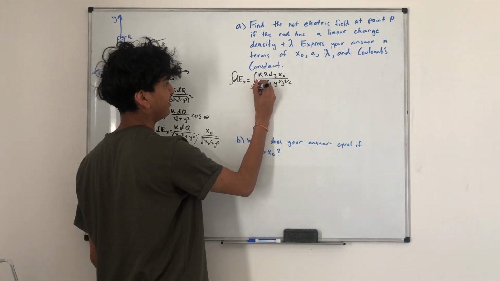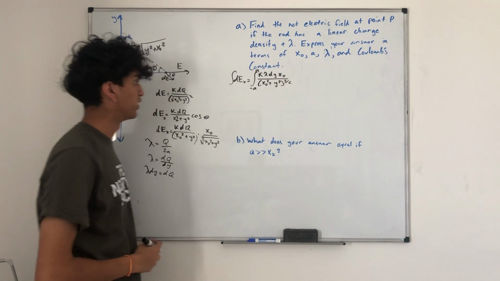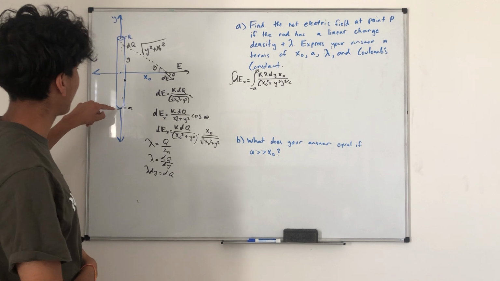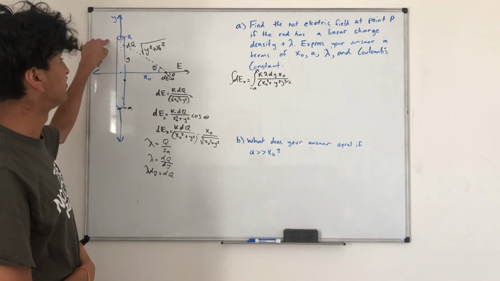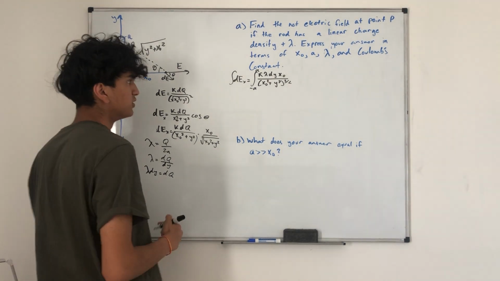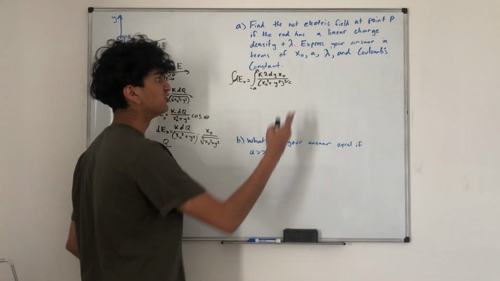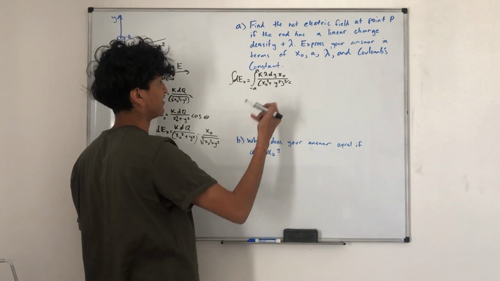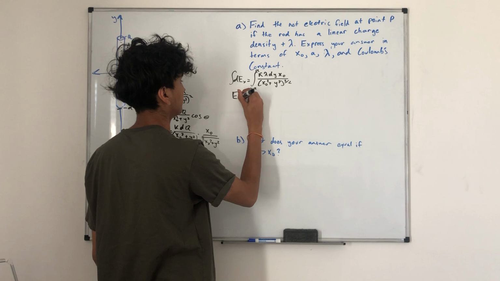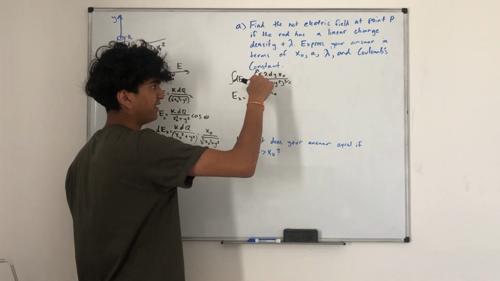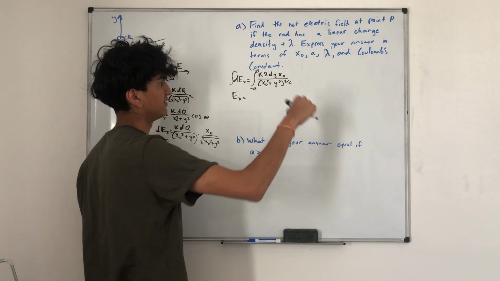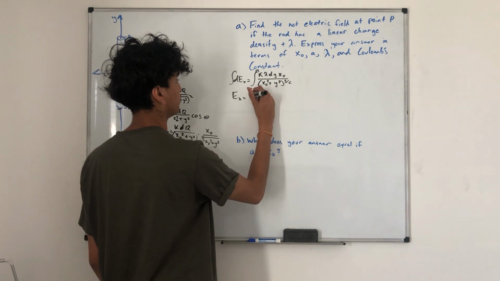We're going from negative a to a. So we're integrating starting here, and then adding up all the way till we get to a. Now we just evaluate this integral, which you could tell is not going to be fun. But what can we get out of the integral? K is a constant, lambda is a constant, x naught up here is a constant, so we can just pull all of those out.